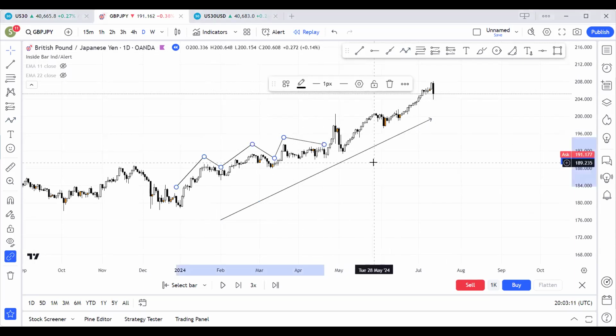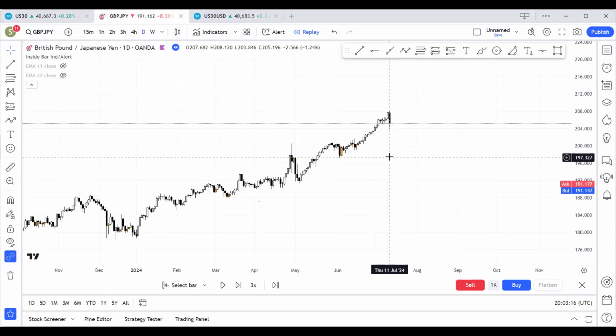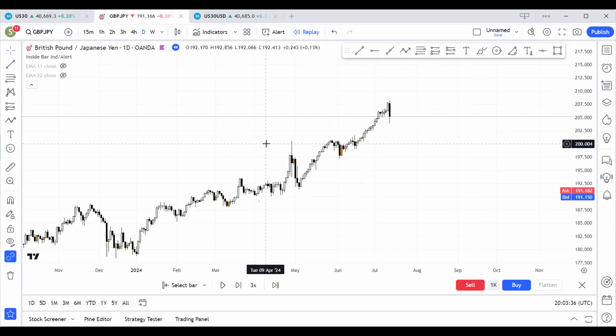Here you can see buyers were in control, but then something started to happen around 11 July. The market started to crash. If you follow fundamentals, I think you're the one who knows more about this story, the Warren Buffett thing. Yeah, Warren Buffett sold 310 million of his Apple shares, which caused the market to dip.